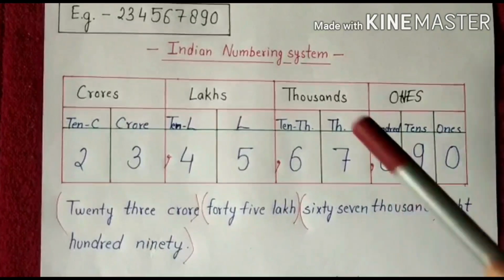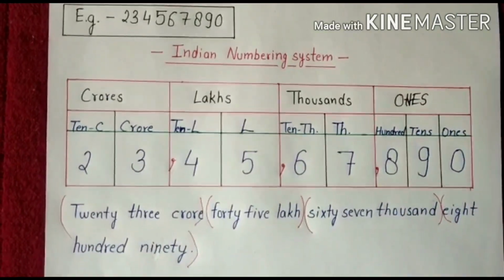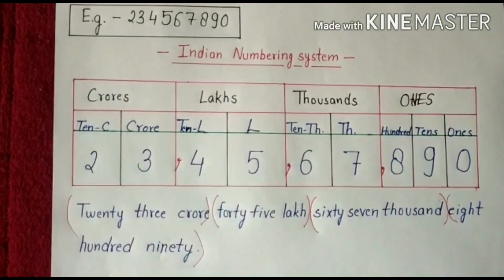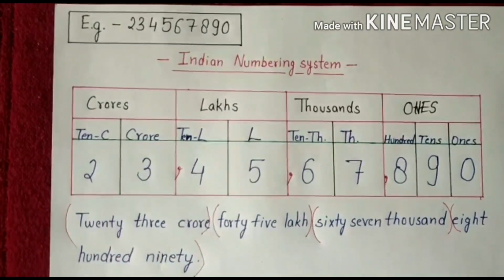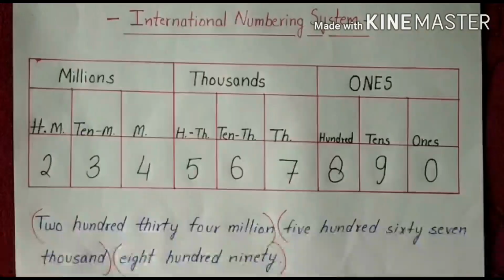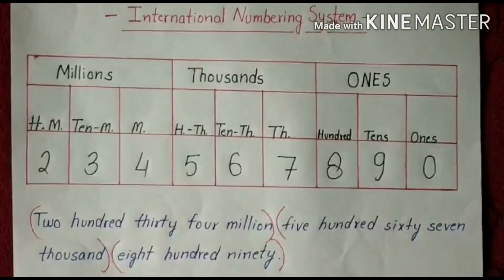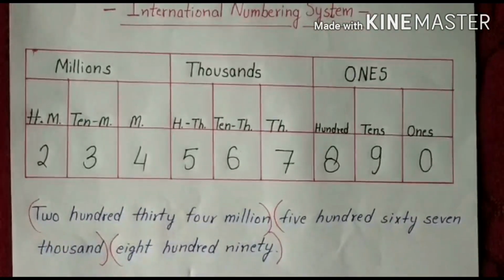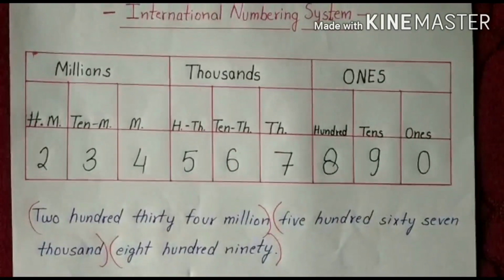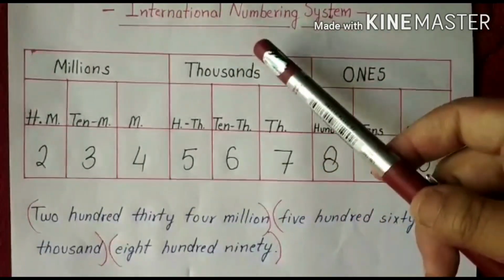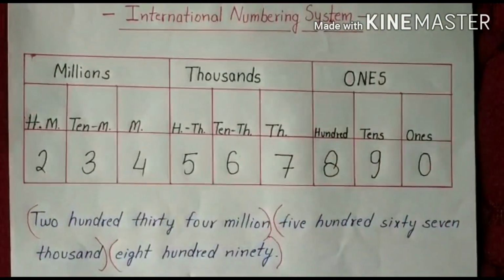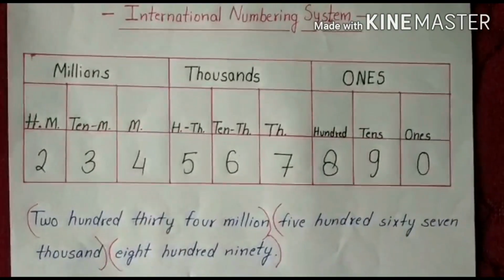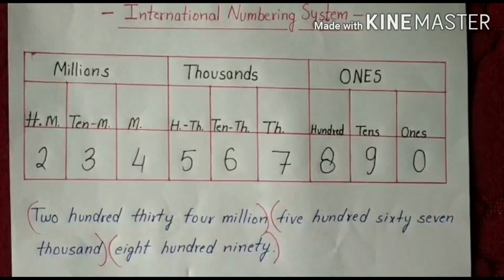This Indian numbering system is followed in the Indian subcontinent, that is India, Pakistan and Bangladesh. So what is followed other than in the Indian subcontinent? Other than the Indian subcontinent, we follow the international numbering system, in which the digits are divided into groups of 3.